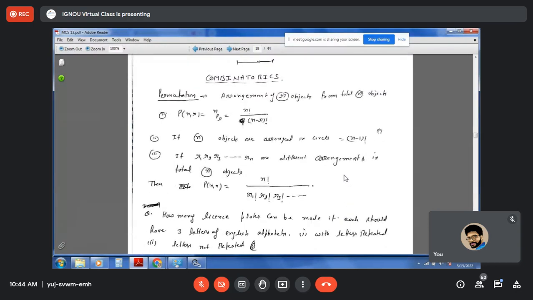Next topic is combinatorics, again important. In combinatorics, there are two topics, permutations and combinations. These start from the school level. But the combinatorics topic in our syllabus is a mixture of combinations, permutations, plus new concepts, more than the school level.